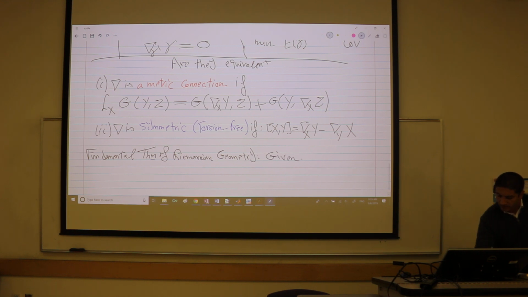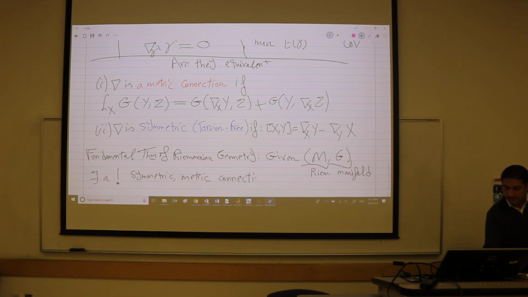Given this M and G, a manifold and a Riemannian metric, so we call it what? A Riemannian manifold. Okay? Given this, there exists a unique symmetric metric connection.